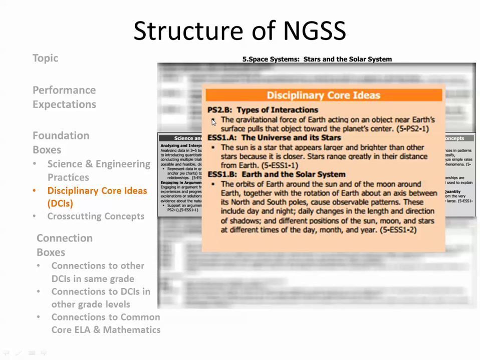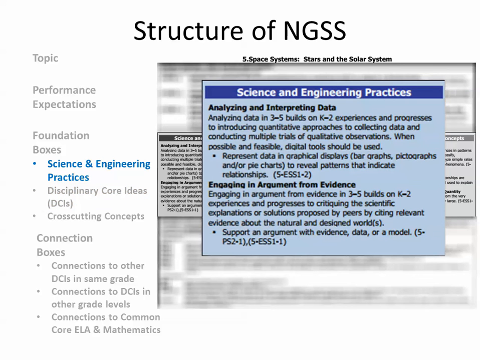In this case, there's PS2.B, which is a reference back to the Framework for K-12 Science Education. On the left-hand side in the blue box are the science and engineering practices. These are integrated into every performance expectation, and these are the practices that scientists and engineers use in their work and that we need to help our students do to become well prepared for their future careers.